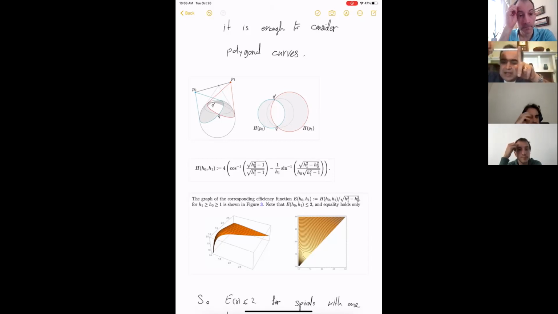So that's the most simple spiral curve. And when I draw the efficiency, you see that there's this number 2 in the corner of the box. So for these most simple of spirals, these line segments, the efficiency is indeed always less than or equal to 2. Okay, so for one line segment, you're done.